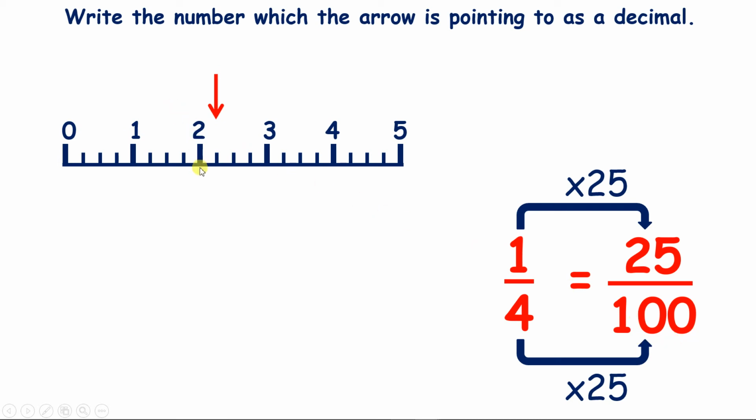So here we have 2 and then another quarter. So we have 2.25. So what do we have here? Well, we have 2 quarters, and 2 quarters is equivalent to 50 over 100, and 50 over 100 we can simplify to 5/10, so it is 0.5.